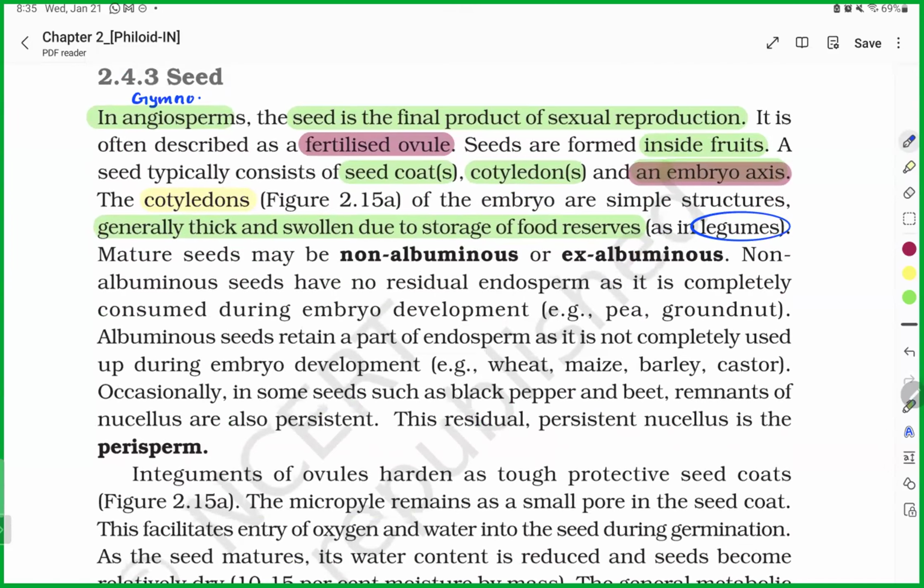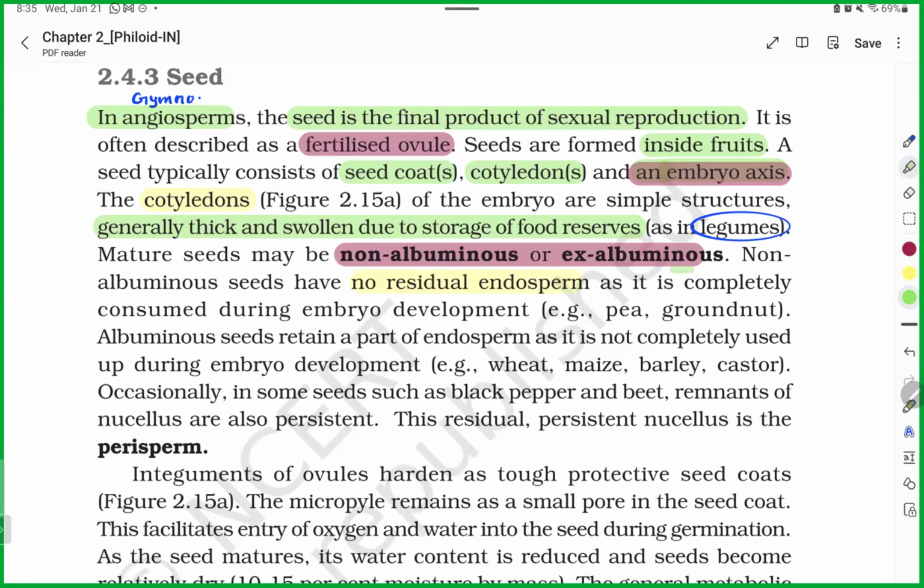So next, a mature seed may or may not have endosperm. If you have a non-albuminous seed, also known as ex-albuminous seed, then they don't have any residual endosperm after complete development. Endosperm is completely consumed.